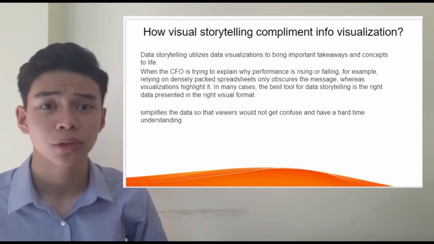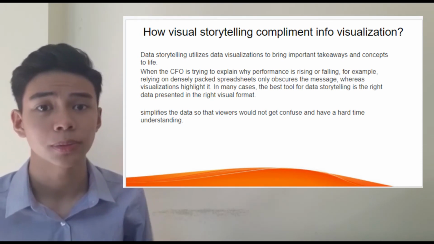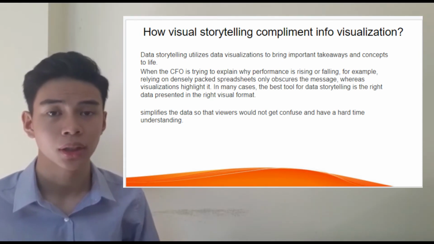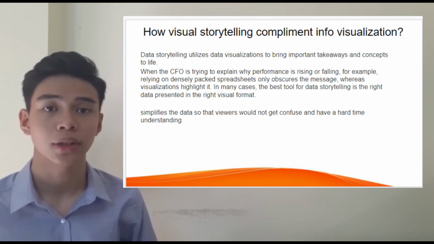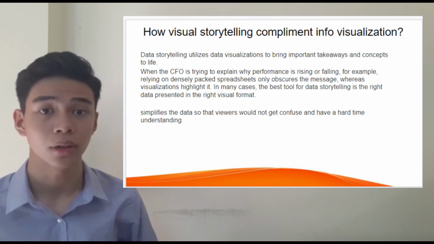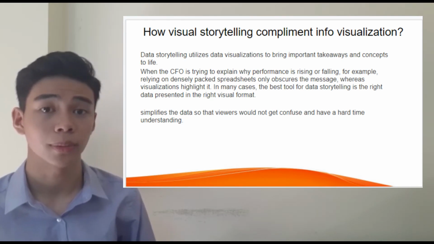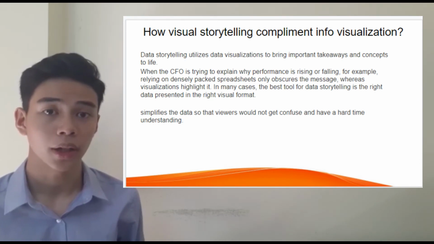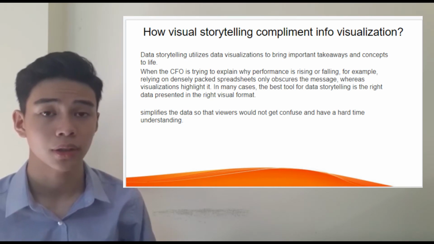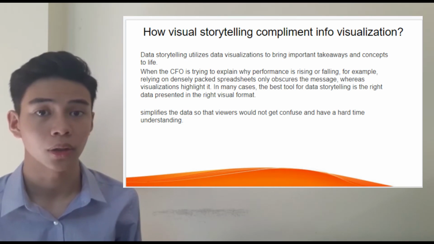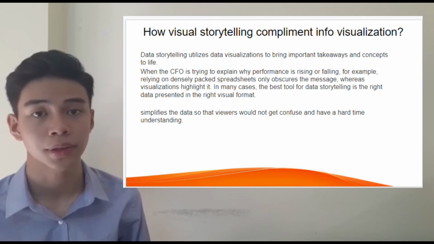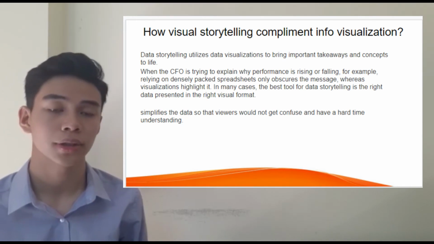So how does visual storytelling complement information visualization? As a recap, visual storytelling is the use of media such as images and videos to convey messages, whereas information visualization is data or information conveyed in graphs or charts.